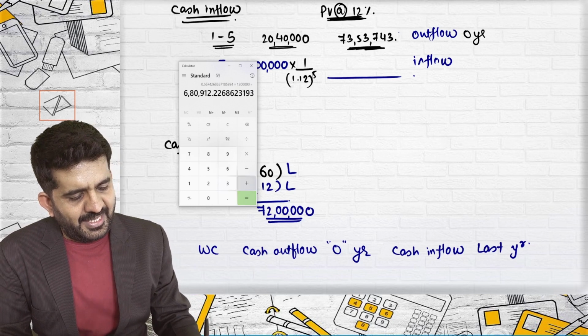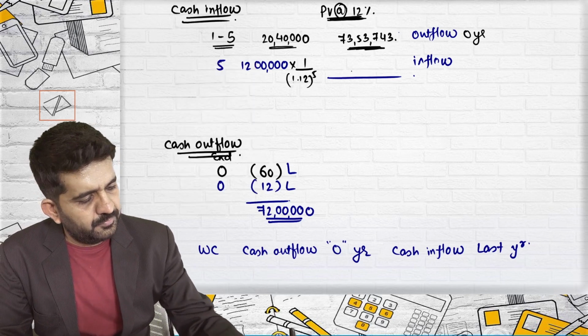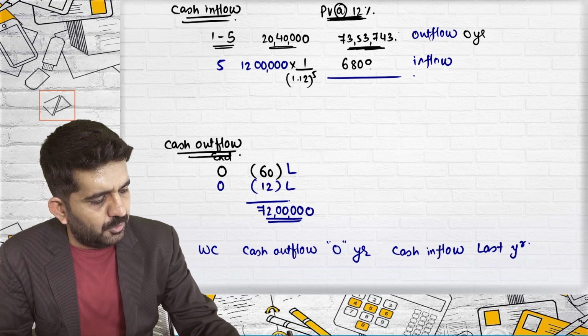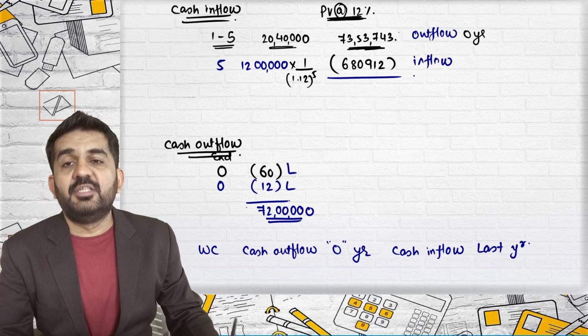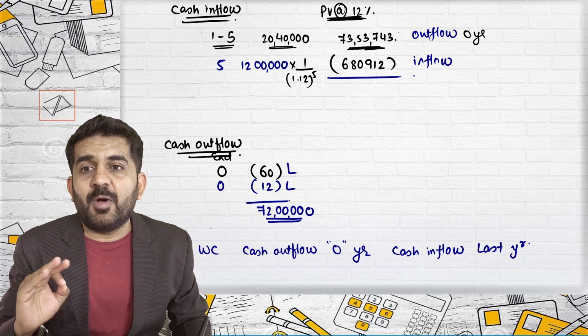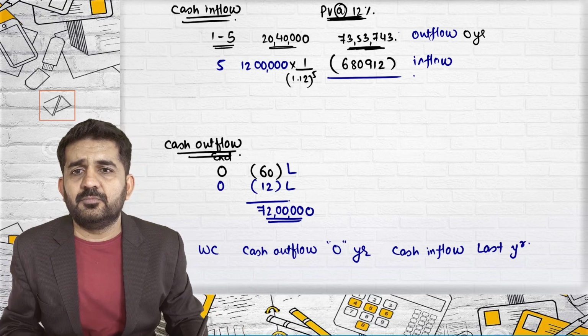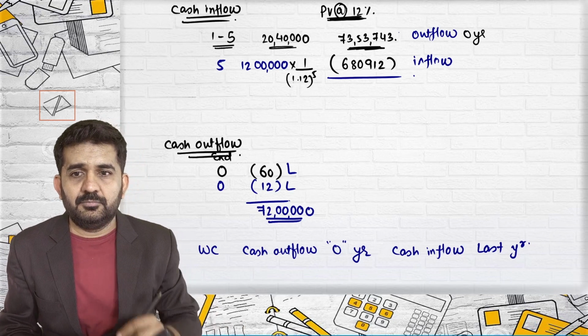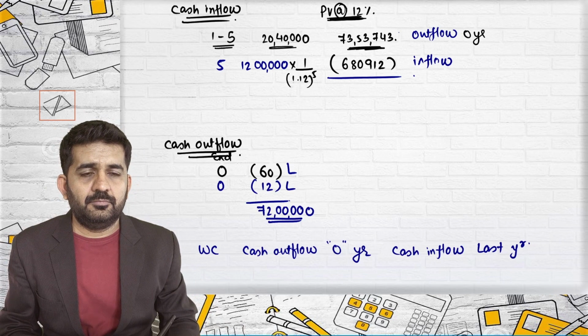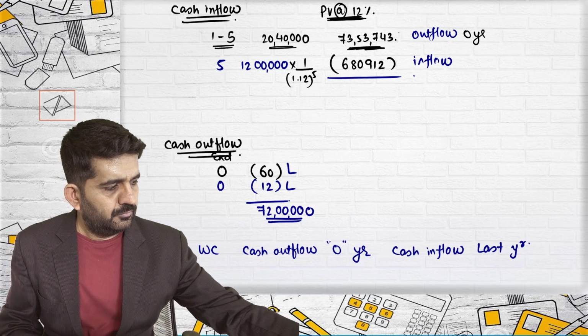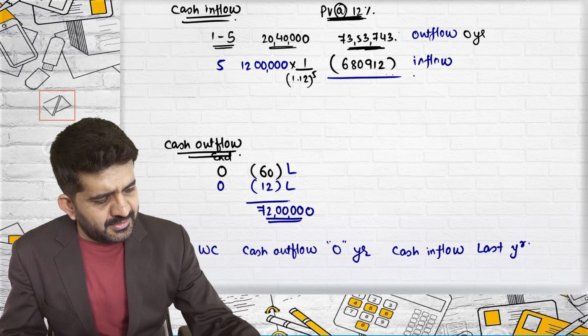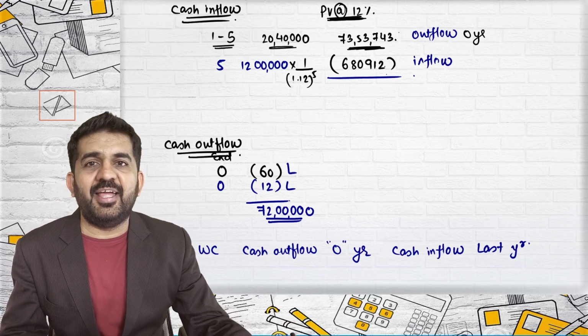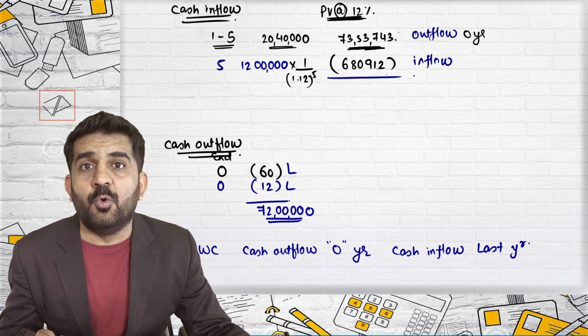Which is 6,80,912. This now I can deduct. Sir, why? All right. So 6,80,912 is your inflow. Why?